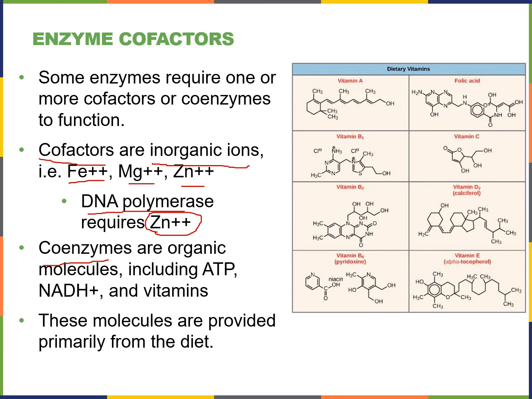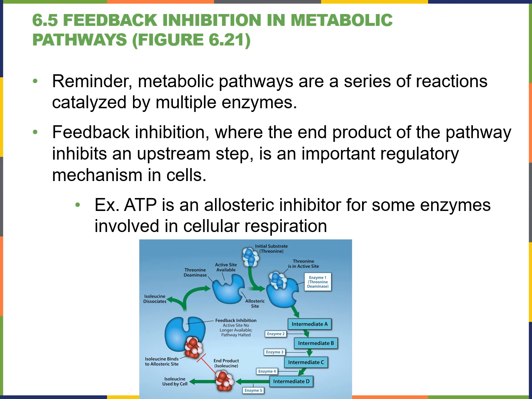Coenzymes, on the other hand, are organic molecules. So these include ATP, NADH, and all of the vitamins that you see in the picture here. And the coenzymes are predominantly derived from our diet. You've learned throughout this lesson that molecules can regulate enzymatic function in many different ways, and that there are many different players in maintaining homeostatic regulation.